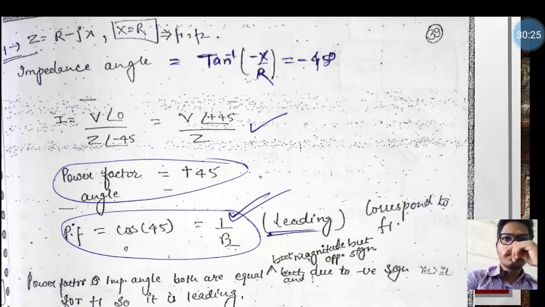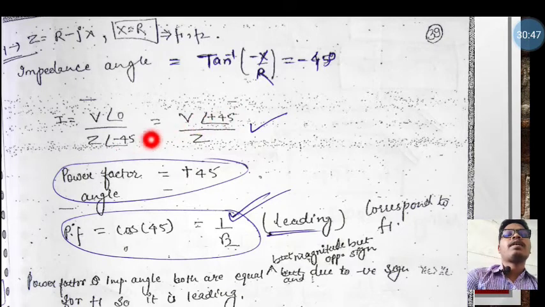Okay, so see, Z is equal to R minus jX and X is equal to R at the frequency f1. The impedance angle, that is tan inverse of reactive part divided by active part, minus X divided by R, is equal to minus 45 degrees. I is equal to V angle 0 divided by Z angle minus 45 degrees.